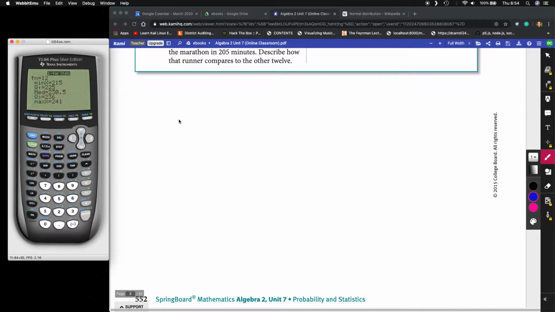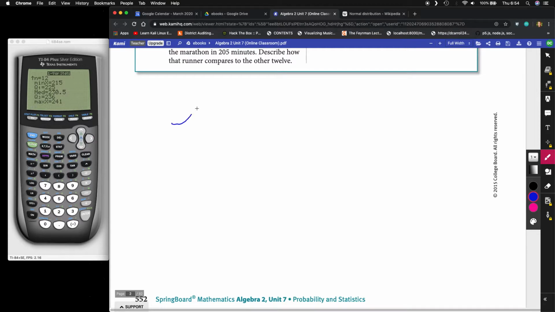So first of all, the normal distribution, I told you guys it looks like a bell curve, kind of like that, and we usually just list our x-axis.